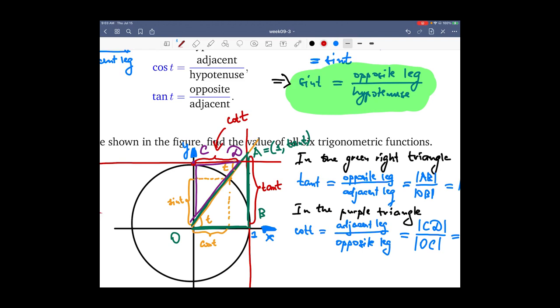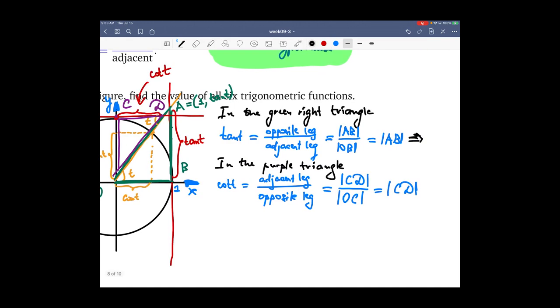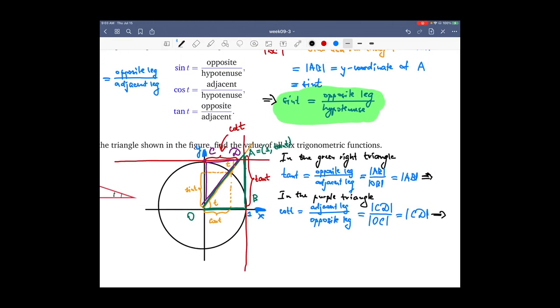So that is a very useful fact. When you work with the unit circle, you now know where tangent and cotangent are, not just sine and cosine. So in particular, point D has coordinates: first coordinate is cotangent T, second coordinate is 1.